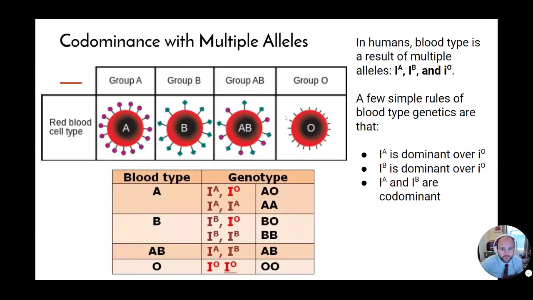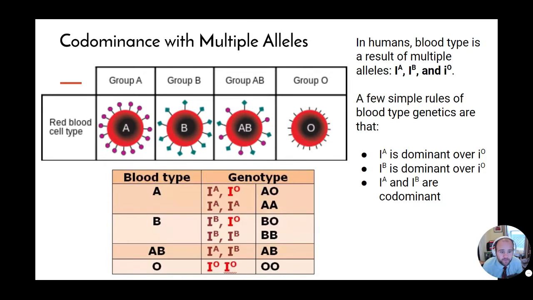A great example of combining codominance with multiple alleles is blood types. There are four major blood type groups, A, B, AB, and O. There's also positive and negative, but that's a whole separate gene. This is a result of having three alleles: the A allele, the B allele, and the O allele.